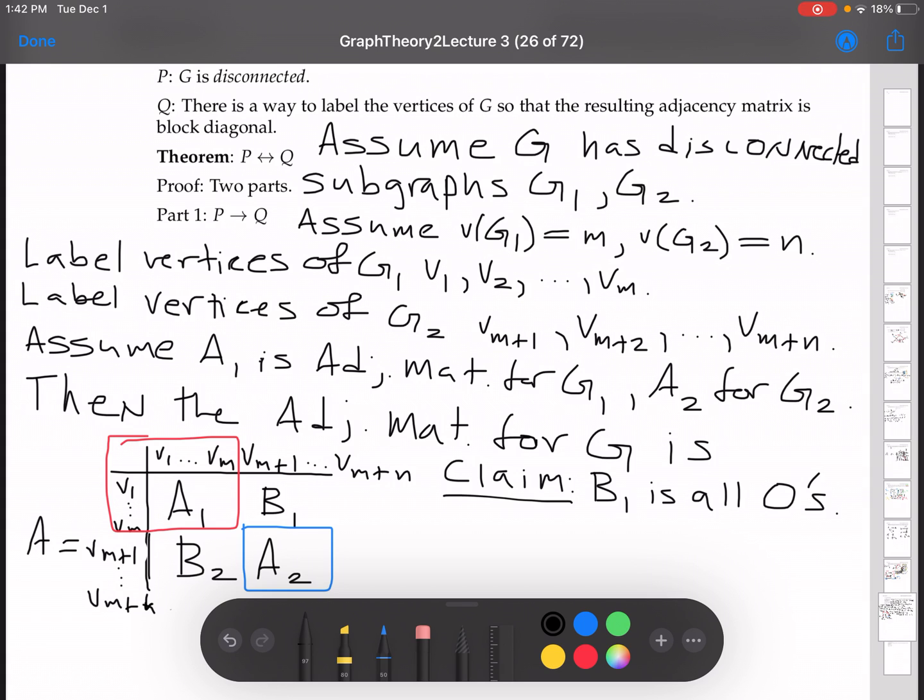And to prove this claim, I'll use contradiction. So what we'll do is we'll say, suppose that A_ij equals 1, where i is between 1 and m, and j is between m plus 1 and m plus n.